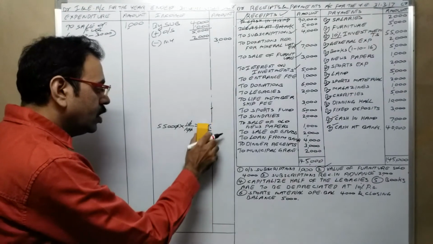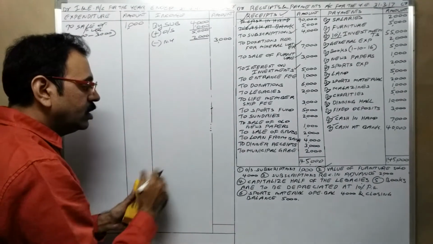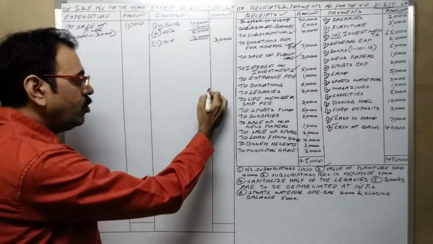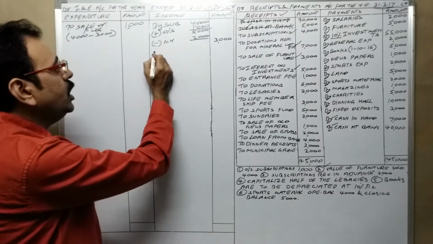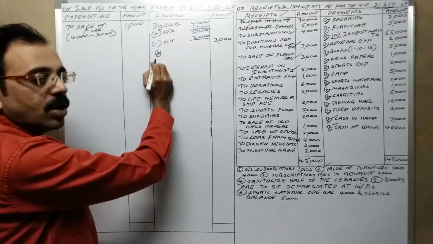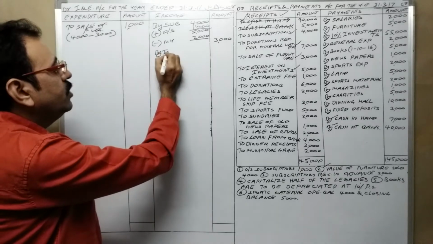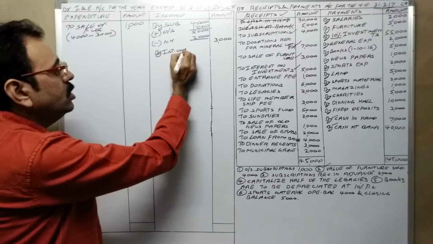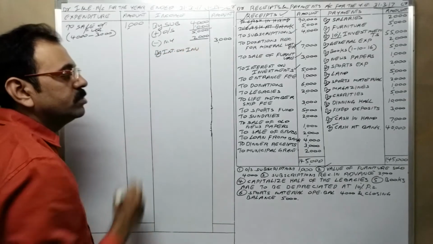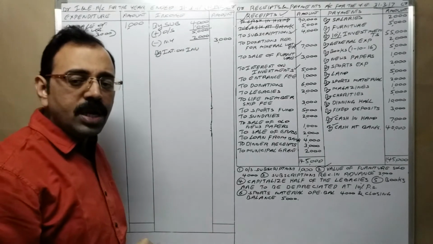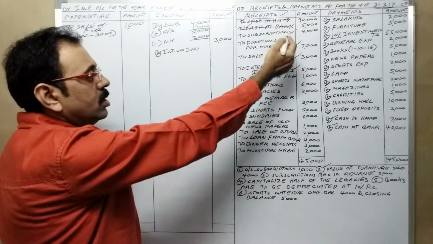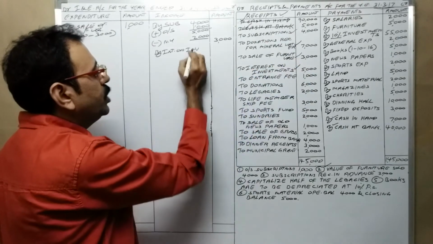Now, interest on investment, since it is revenue income, will be credited to this account. So, interest on investments. First, how much money did we receive? 5,000 rupees.